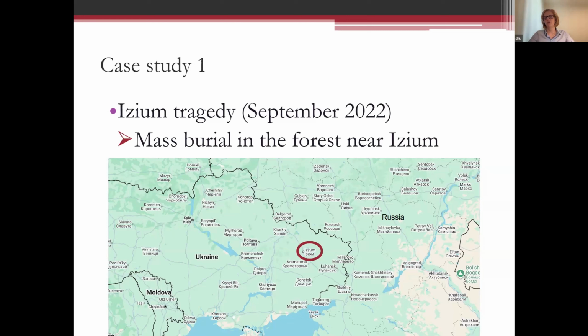With the start of the Russo-Ukrainian War, Izium was occupied by the Russian army. It was liberated in September 2022. After the liberation, a mass burial in the forest near Izium was found with more than 450 bodies buried there. Next slide, please.